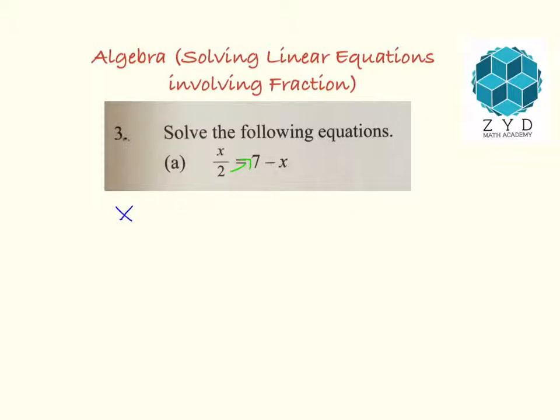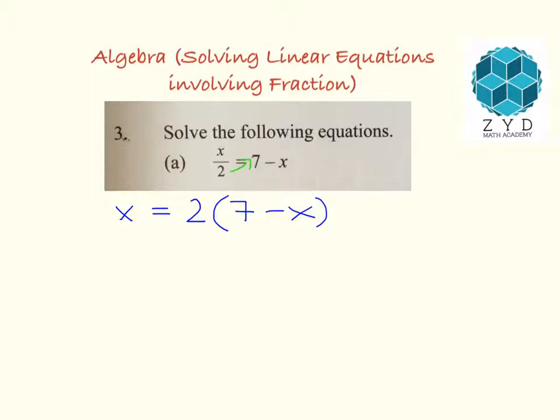It simply becomes x equals this 2 that we brought over from left to the right, multiplied by 7 minus x. Notice that I have put a bracket for this 7 minus x. Previously there wasn't any bracket. The reason is that this number 2 has to be multiplied by the whole thing, 2 multiplied by 7 minus x.